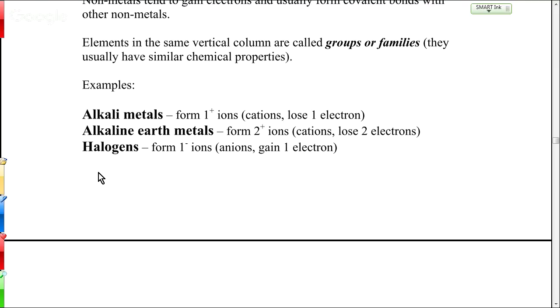Yeah, halogens are 7A. So let's label these here. This is going to be 1A, 2A, 7A, but specifically that's just the 4 elements, like that, okay? Astatine is radioactive, and we don't really include that in that category of halogens.